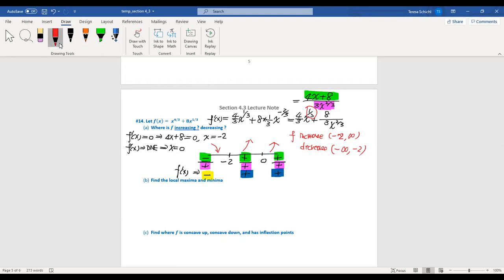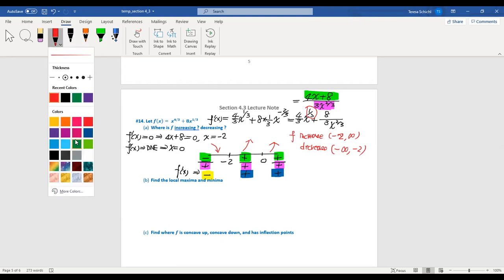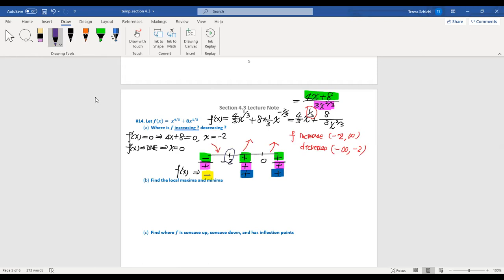If you take a look here, you say, oh, okay. So the local max and the local min are here. This is decreasing, then increasing. Here is my local what? Local min, right? Because it's going down and going up.